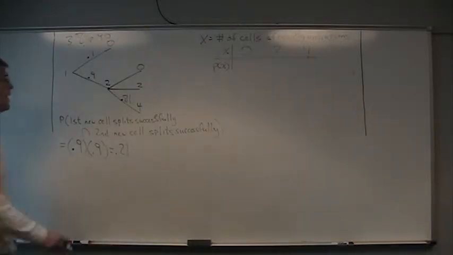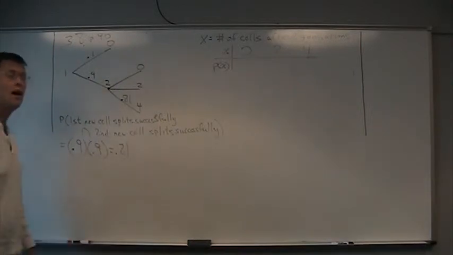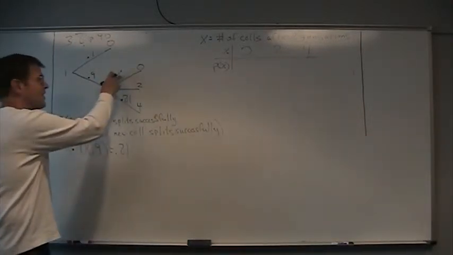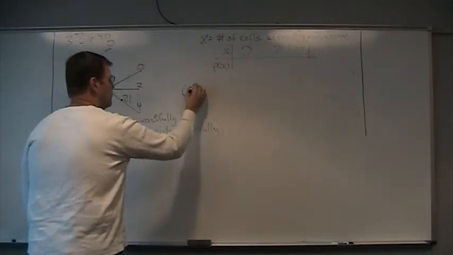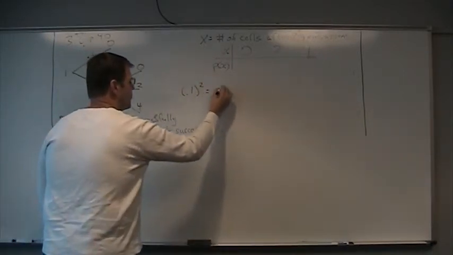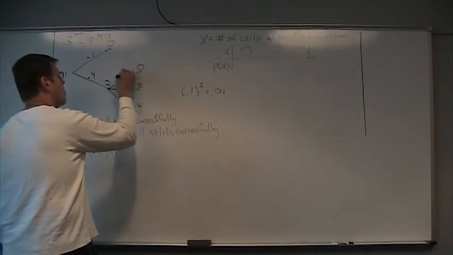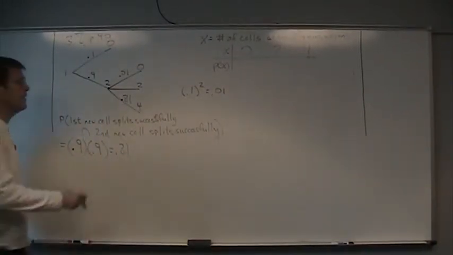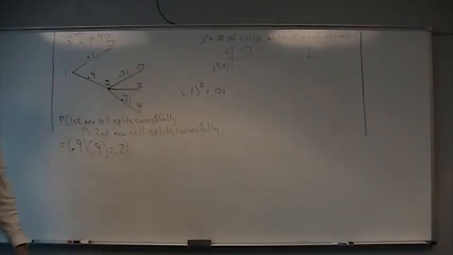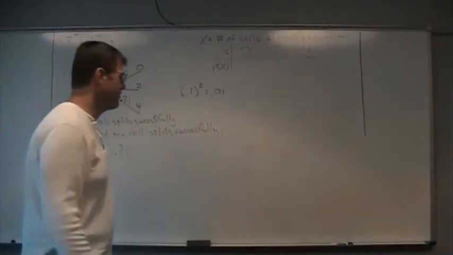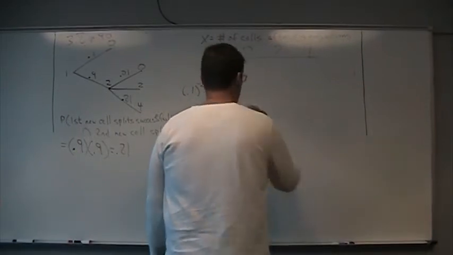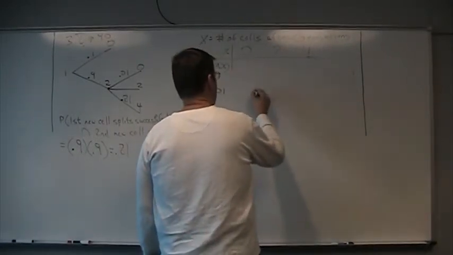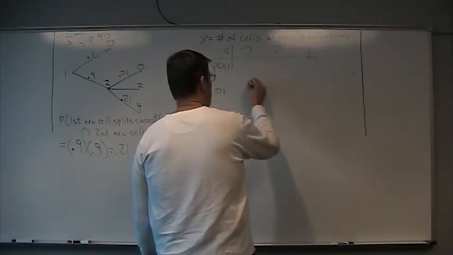Similarly, if we're going to end up with both cells dying, the probability corresponding to this is going to be 0.1 squared, 0.01. And in the case of ending up with 2 after the second generation, basically what we're looking at here is a set of 2 possibilities.